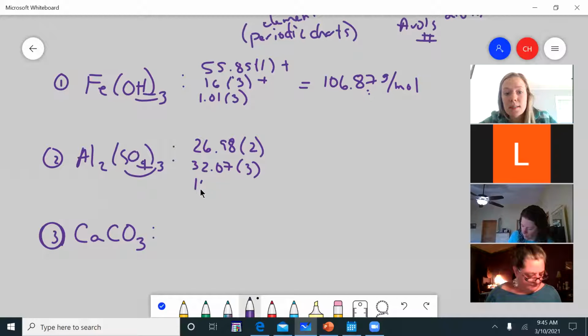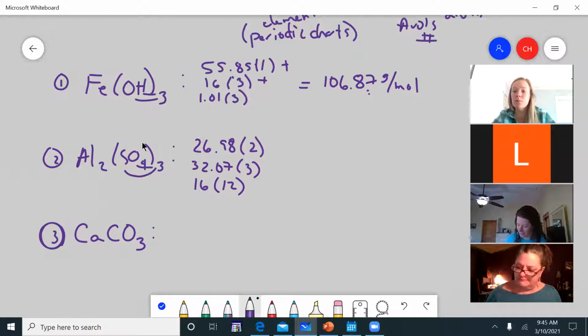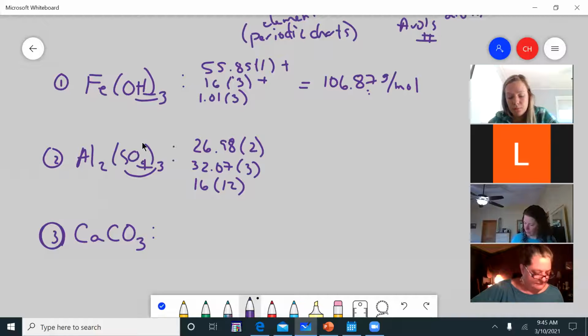And then oxygen is 16, and we're going to multiply that by 12, because there's 4 within each polyatomic, and you have 3 polyatomics. So you want to make sure you're multiplying subscripts if there's more than one, or if there's one within the parentheses and one without.